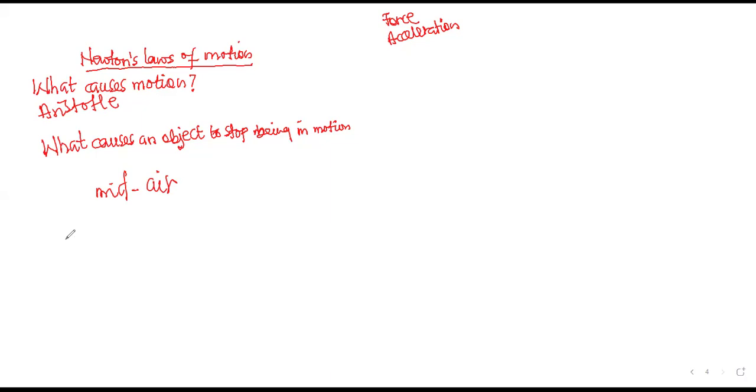Then another scientist by name Galileo also conducted a very simple experiment to add his voice to what Aristotle said. Galileo picked a stone and projected or threw the stone. And he realized that, yes, for the stone to move, there must be a force applied on it.